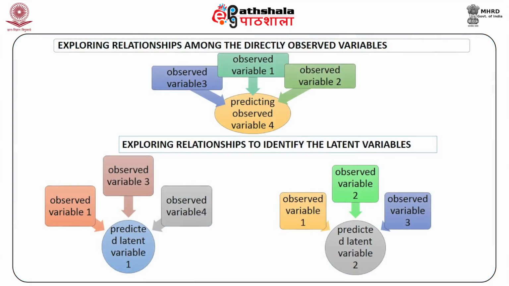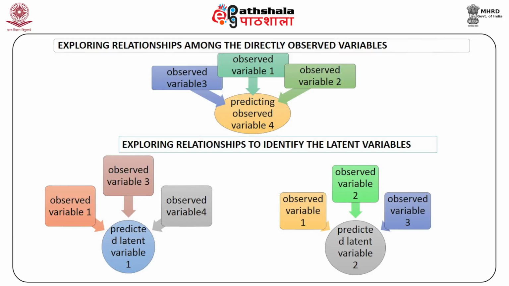Among the observed variables, 1, 2 and 3 help in predicting the observed variable 4, as we can see in the figure, panel 1. Similarly, the observed variables help in identifying the latent variables that may be explored by studying the relationships among the observed variables. Look at the figure.